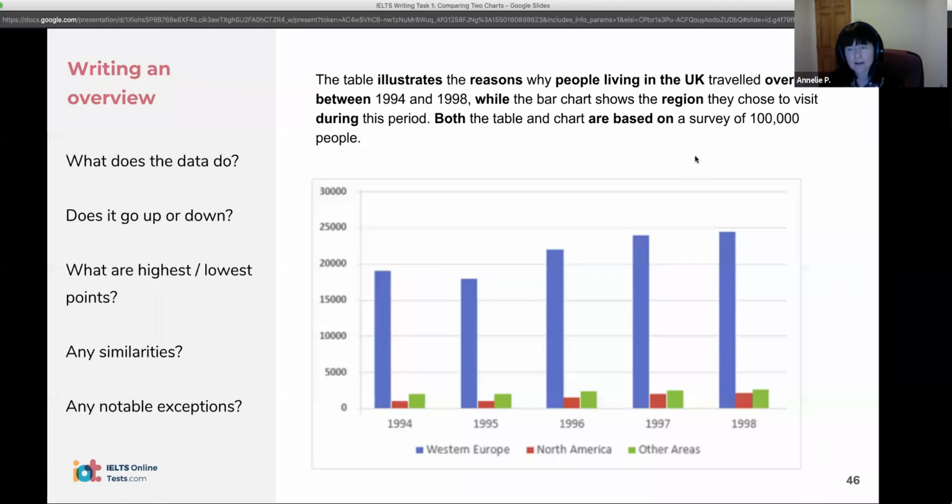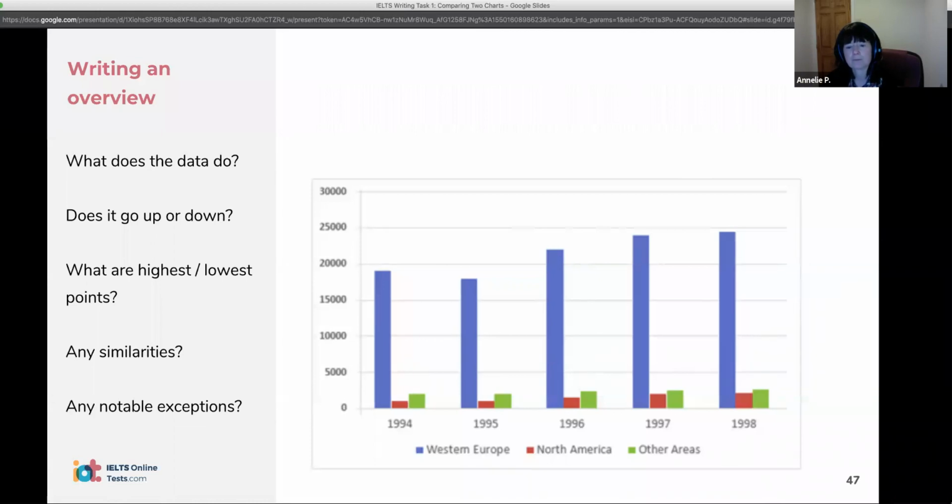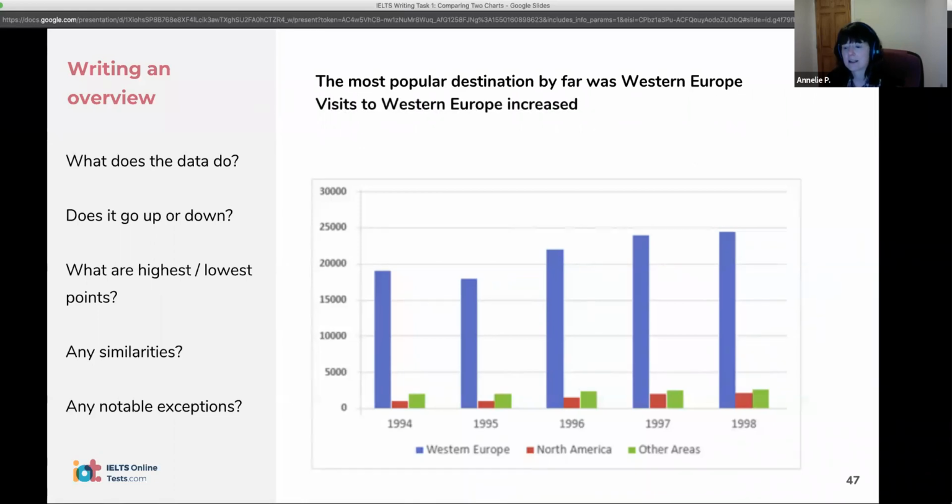Okay, maybe you're making a very general statement here. So the most popular destination was Western Europe, as we said, and that number went up. And the other destinations didn't really see much of an increase, maybe a very slight increase.